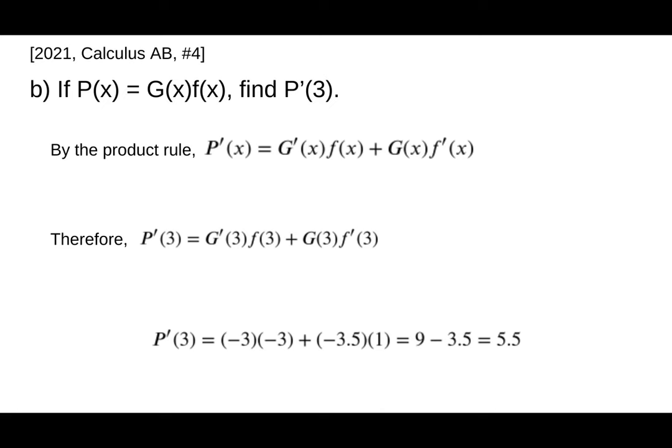It's just f of 3, and that graph is provided. So when we get around to evaluating p prime of 3, we get -3 times -3 plus -3.5 times 1. If we simplify that, we get 5.5 for the value of p prime of 3.